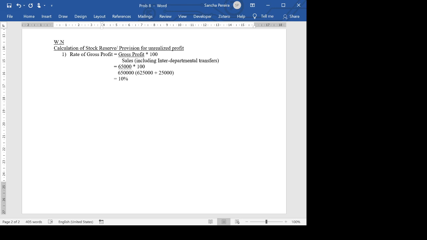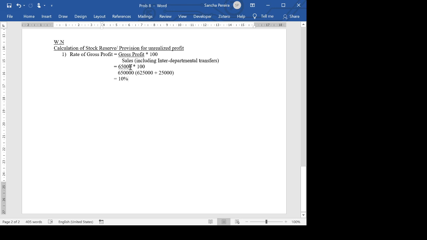That means the selling price, the price at which A is transferring to B, is 100 plus 10. 10% is the percentage of profit. In the previous problem, the percentage of profit was 25%. Here it is 10%. So rate of gross profit, this is the formula.